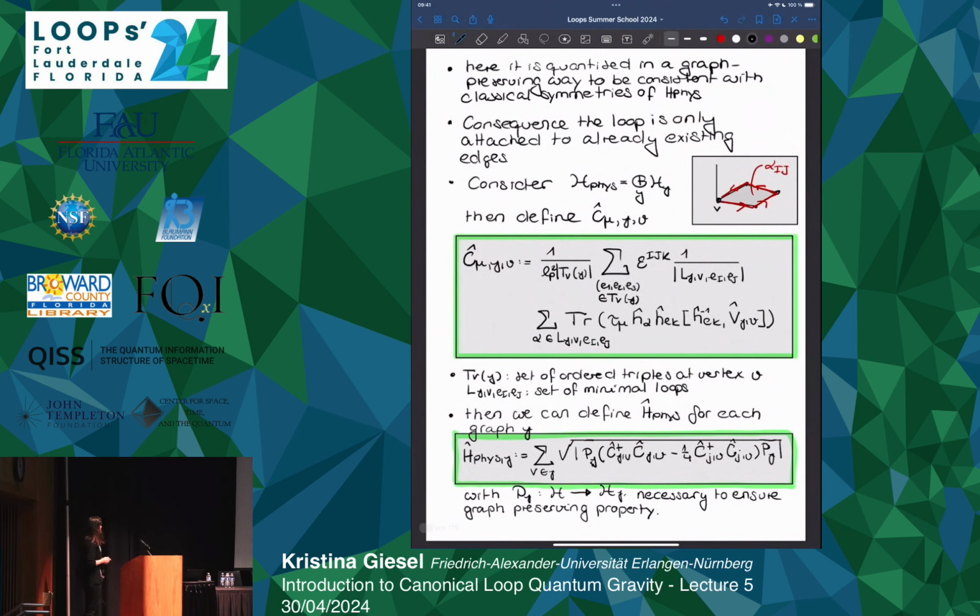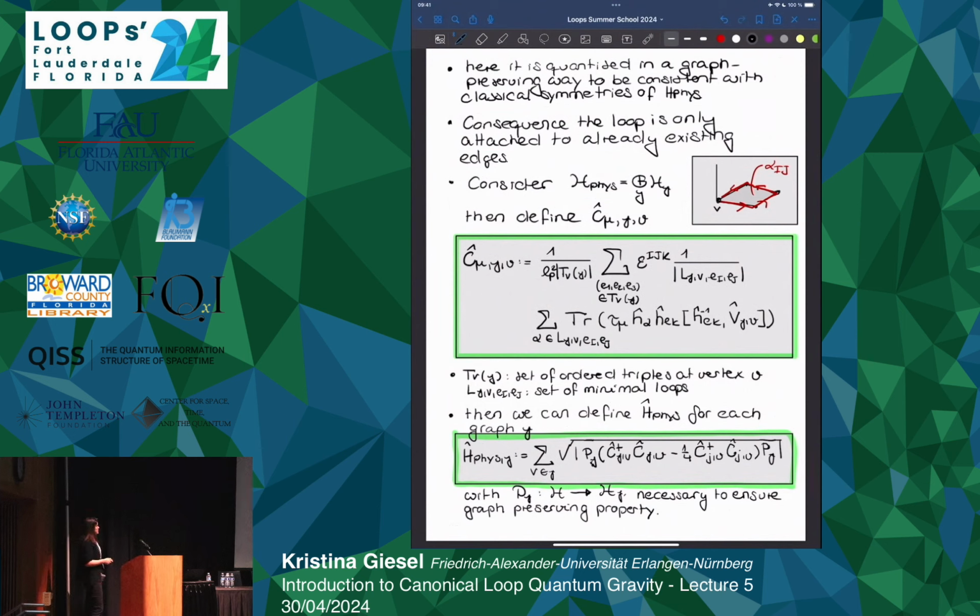If we do this, we consider a quantization which is graph preserving in this case. The reason for this is that the physical Hamiltonian and the Hamiltonian density in this model commute, so they have certain symmetries. And if you want to carry those symmetries over to the quantum theory, you are in a sense forced to apply a graph preserving quantization.